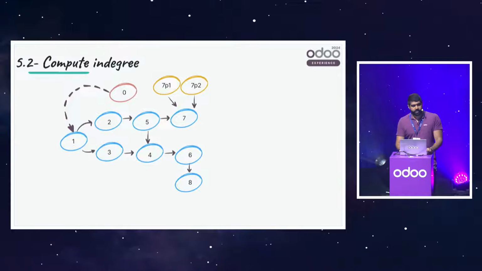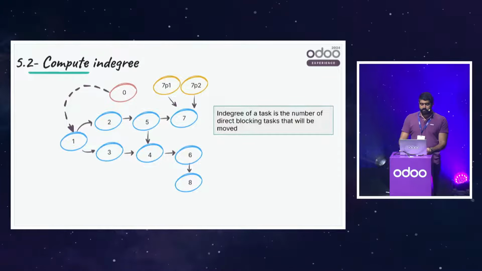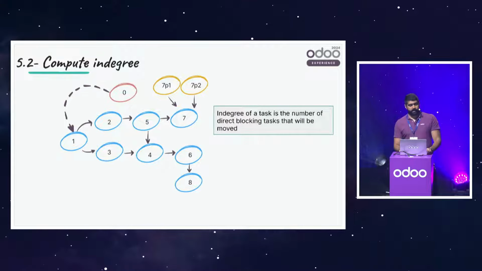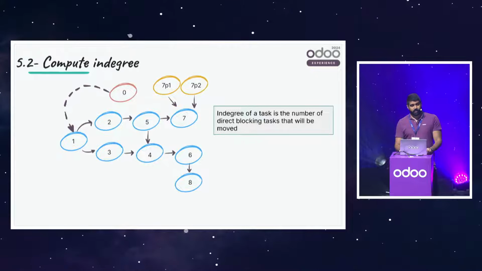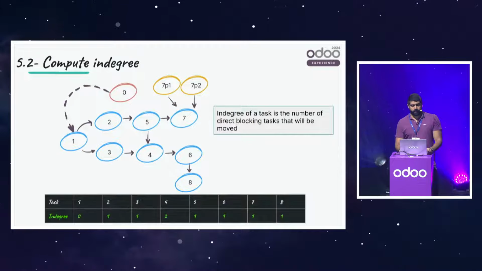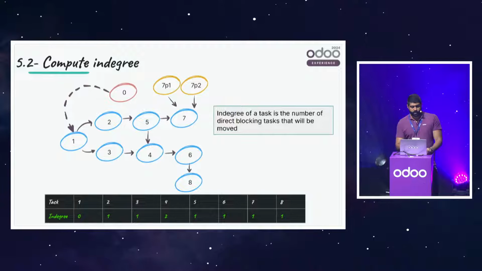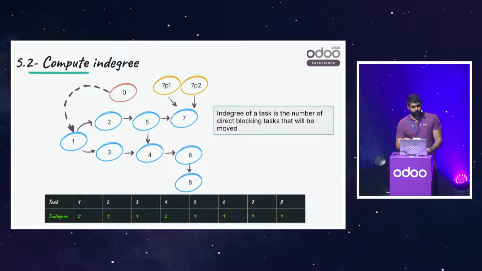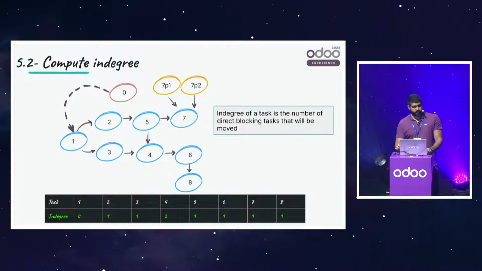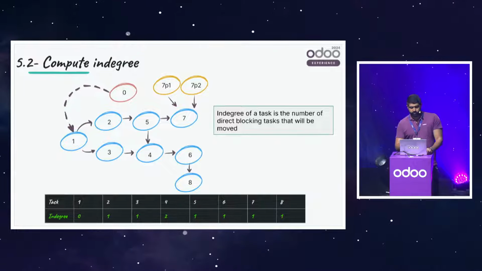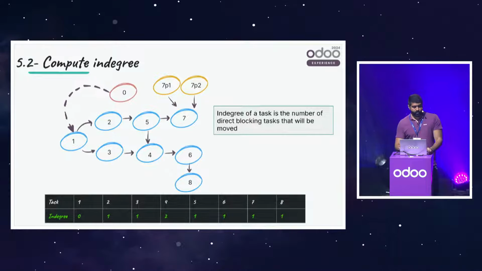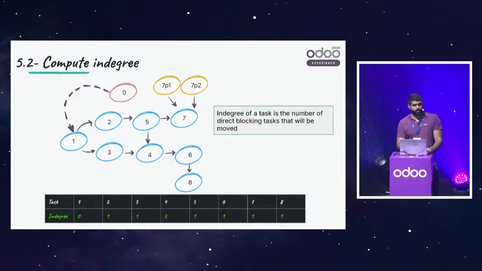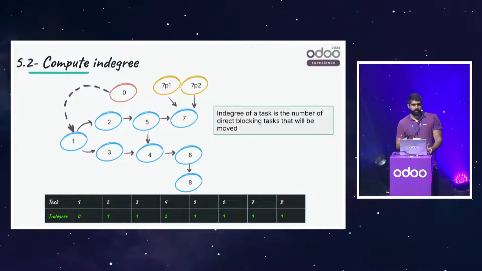Finally, the in degree. In degree is simple, the number of blocking tasks for a certain task that are not yet moved. In this example, for 1, as you can see, it's not blocked by any blue task. So in degree equals 0. For 2, 3, 4, 5, 6, 7, 8, it's 1 because all these nodes are blocked by only one task.